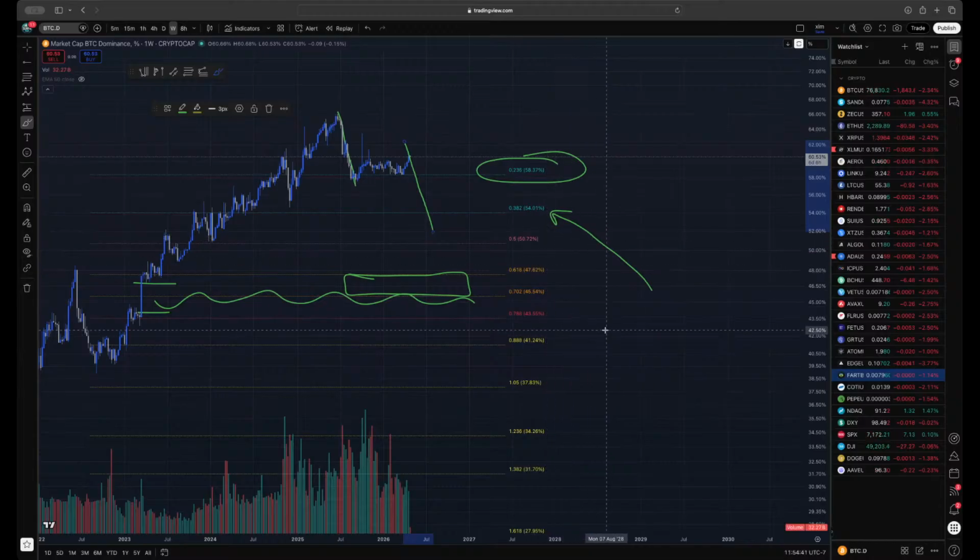Now, if you can get Bitcoin's price to go down while Bitcoin dominance goes down, there's a chance that you could see your altcoins stabilize and not take as hard of a hit as Bitcoin hits, right? We just got to keep all these things in mind, okay?